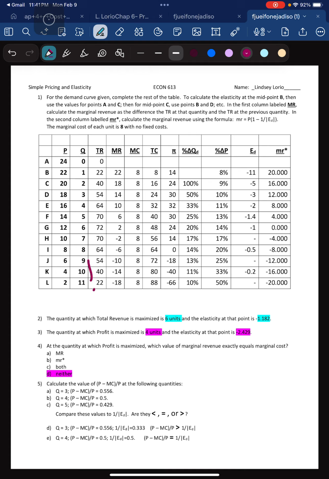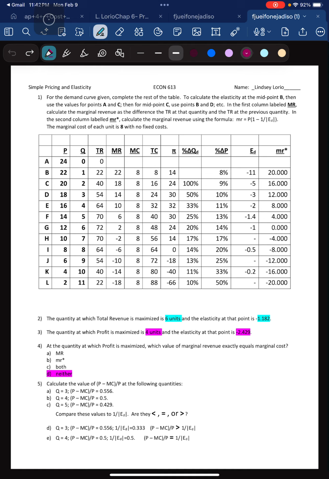for this column. And then for marginal revenue, I took the difference between the corresponding column and the previous column and subtracted.